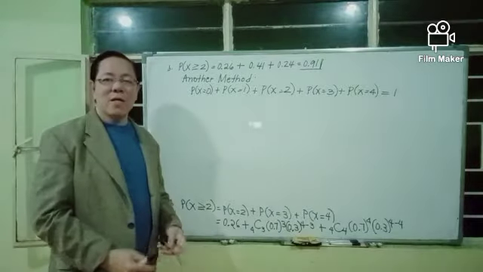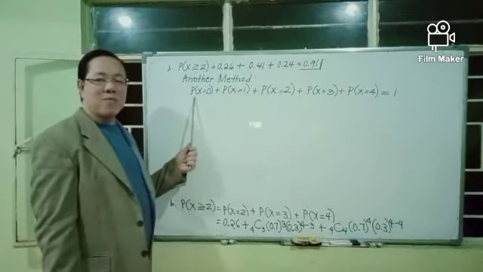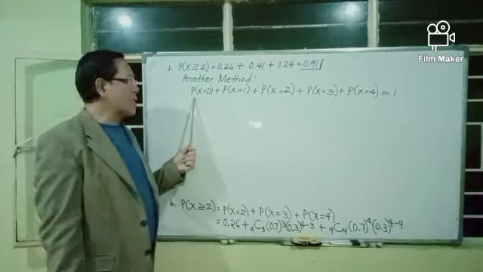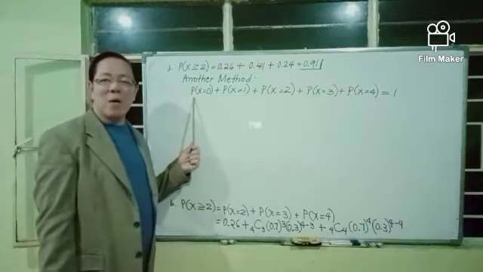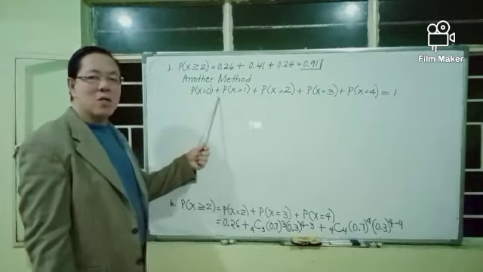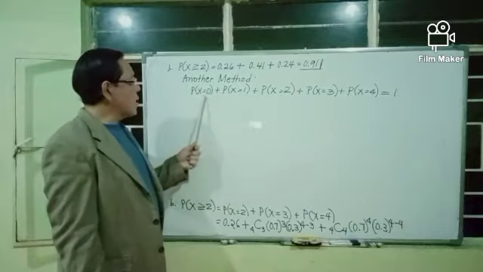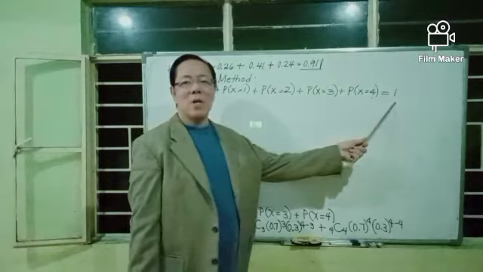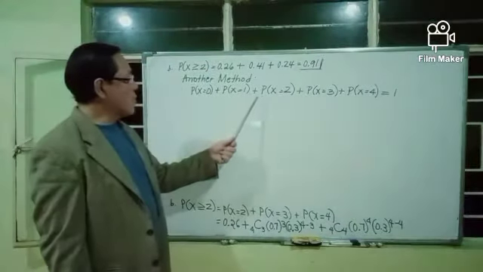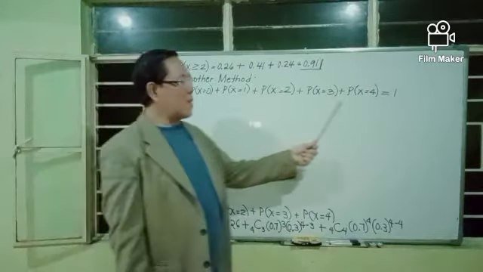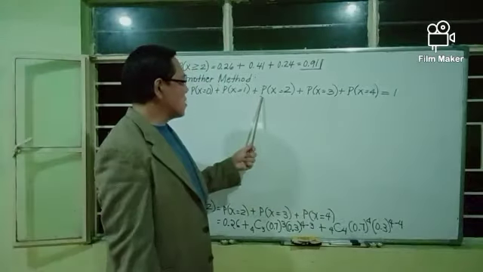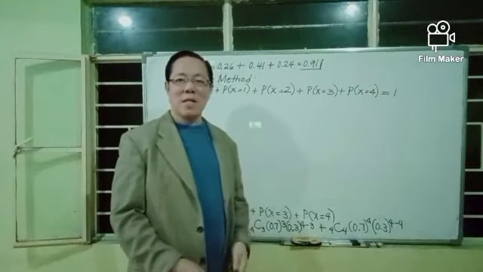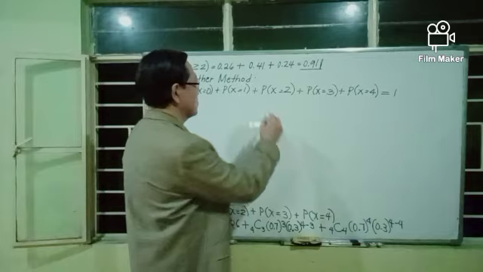As I said earlier, another way to solve for letter B is to use this property of probability distribution, the summation of the probabilities corresponding to these values of the discrete random variable x is equal to 1. But from this term up to the last term, this is the probability that x is greater than or equal to 2.